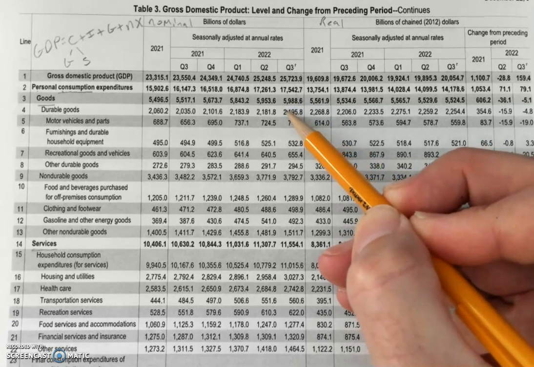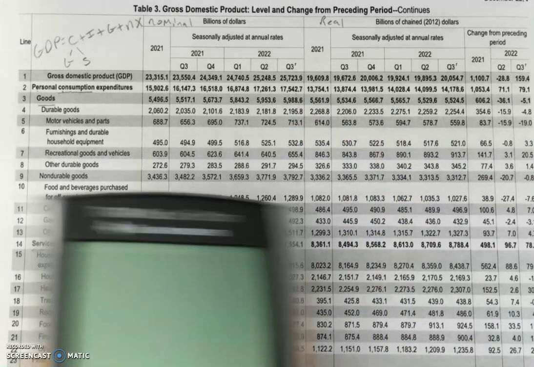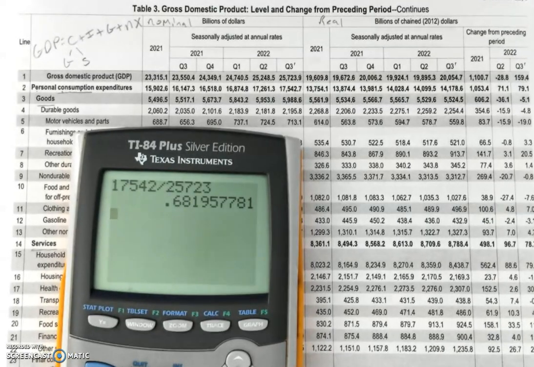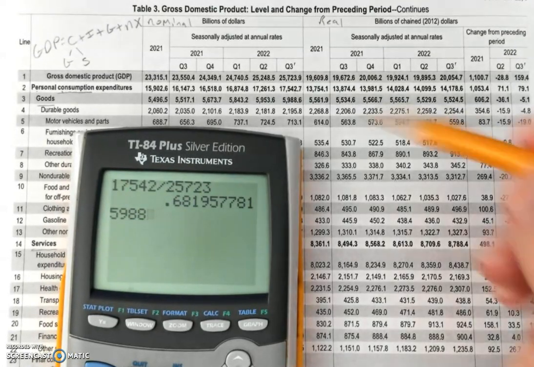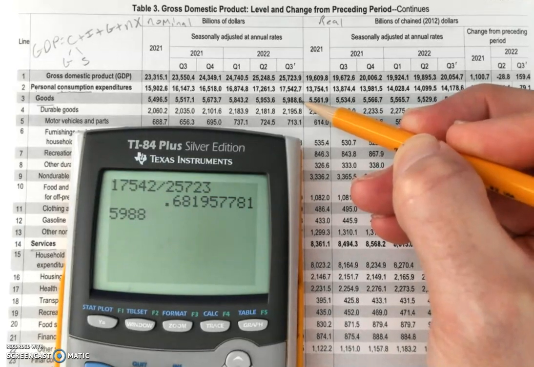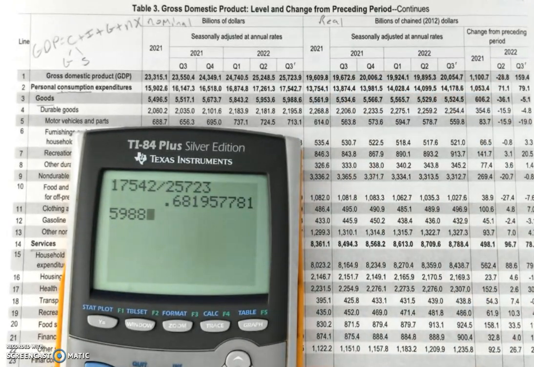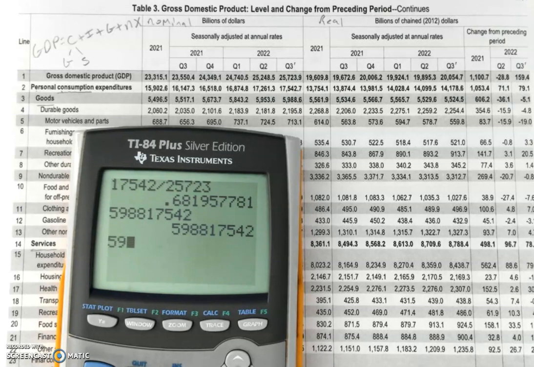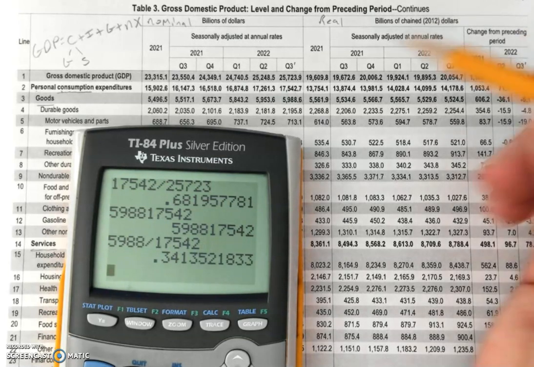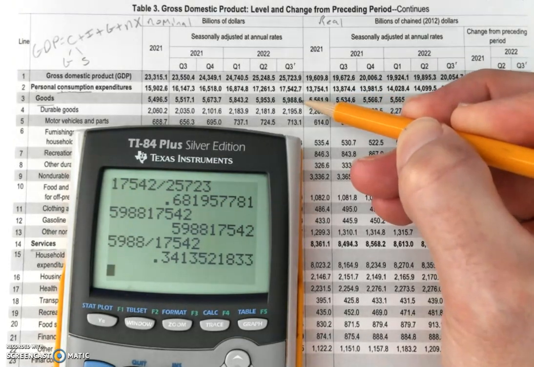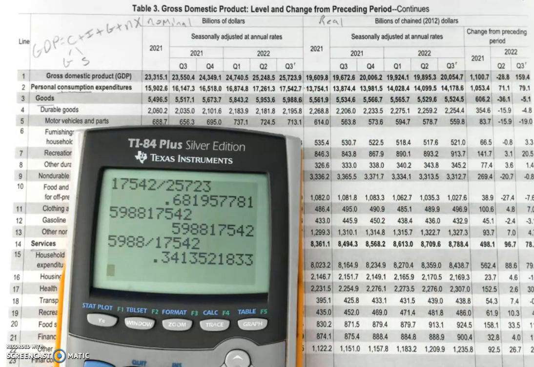So we take 5,988, and then we would divide that by consumption, 17,542. And you get, oh, sorry about that, 5,988 divided by 17,542, and you get 34%. So goods make up 34% of consumption.